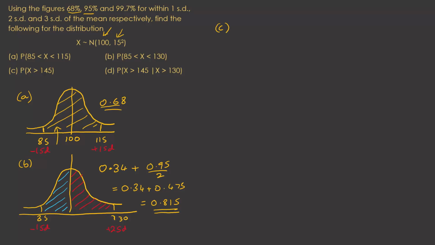Part C, just greater than 145. So 145 is over here, and that's plus 3 standard deviations. And if we're greater than that, we want the area down there. Now, if we were to go symmetrically to the other side, we know that 99.7% is in here.